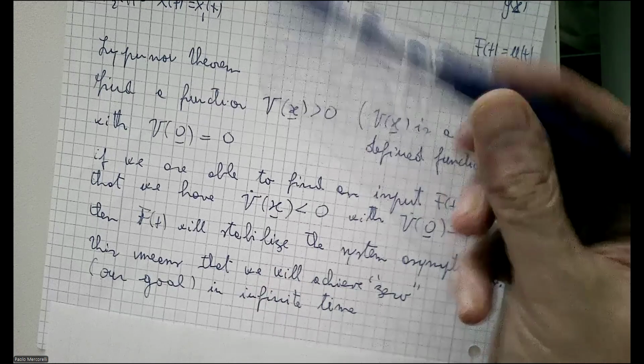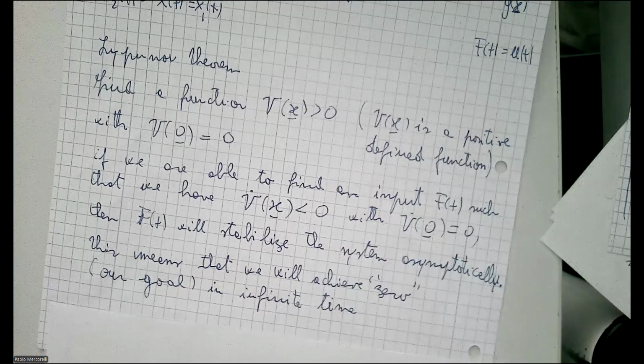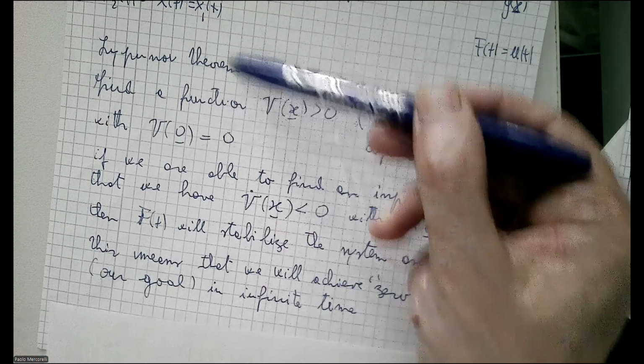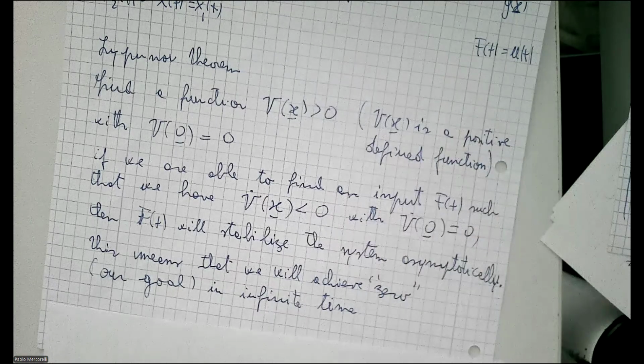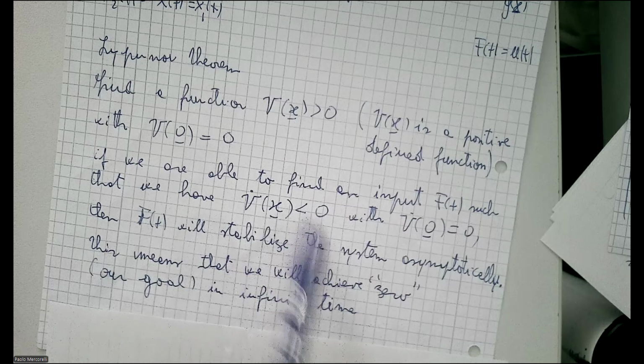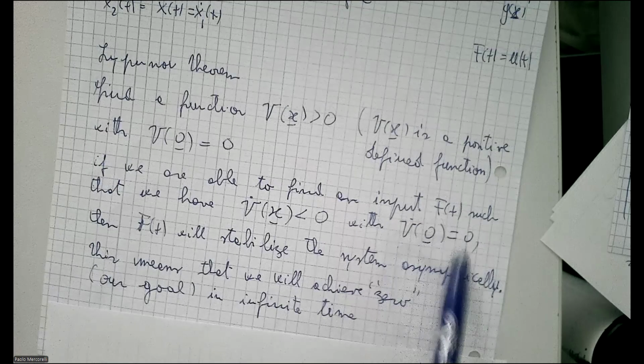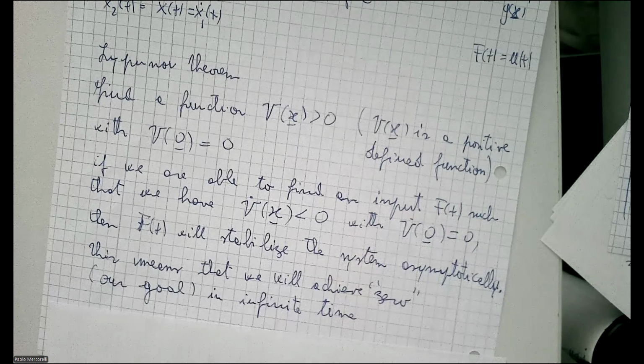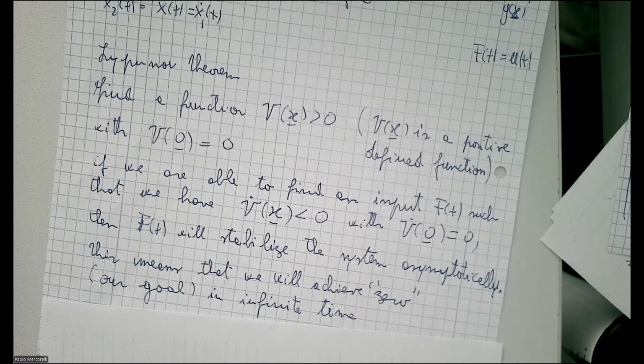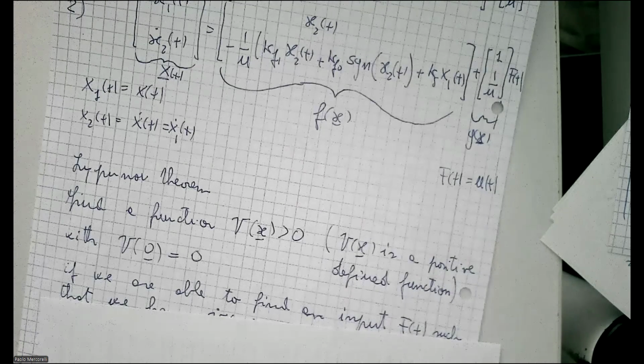This means exactly, I didn't tell you in extreme mathematical detail, I mean, I didn't show you the demonstration. This is the meaning of asymptotic stability because we will converge to 0. And when we are at 0, we will stay at 0, but asymptotically. Here the theorem is just sketched.